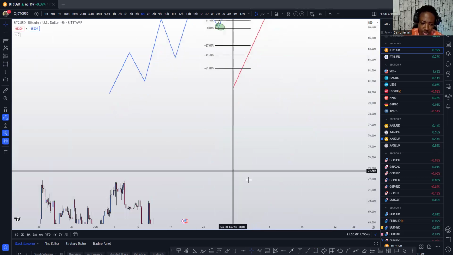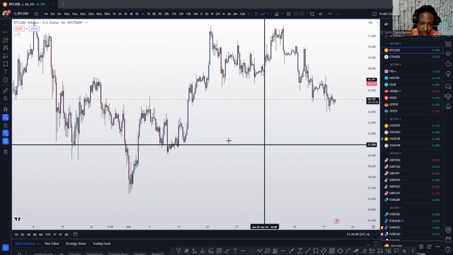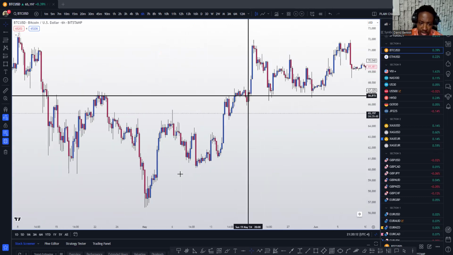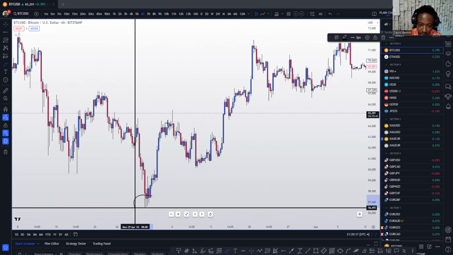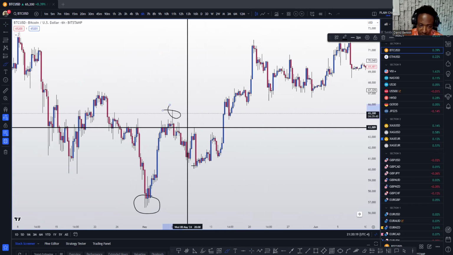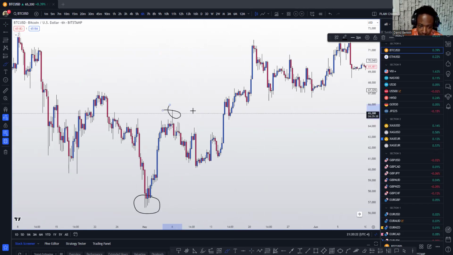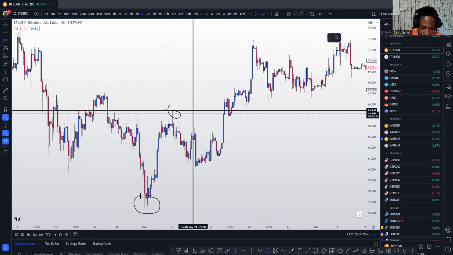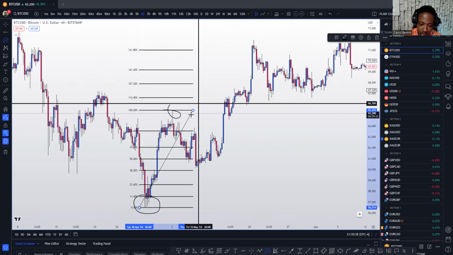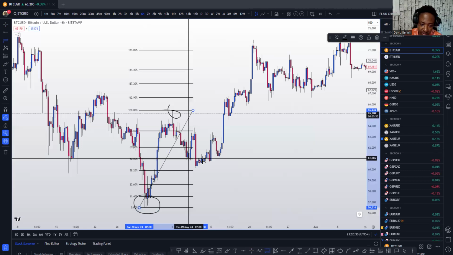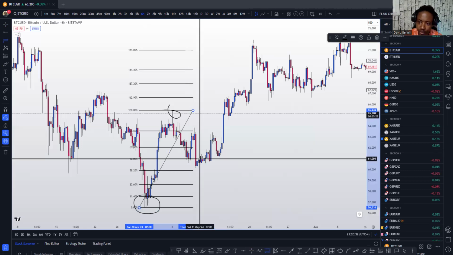So let's go to the chart. Let me show you an example of what I mean. This is an uptrend, right? If the market was here, what I'm looking for is 0 and 1, and this is my percentage retracement. I'll go from the end of the move to the beginning of the move, and what I have here is a 0 to 1, and this is a 50% retracement, right?